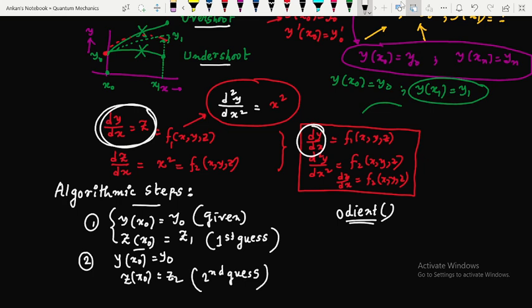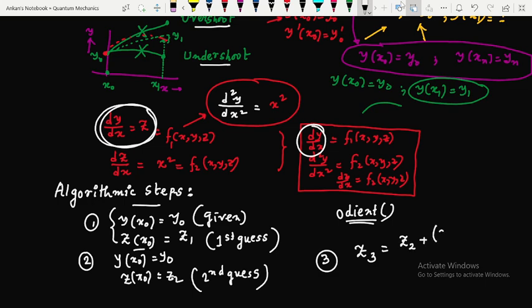Okay, and the third guess will be obtained by the interpolation formula, which is also a numerical procedure to get the solution of an algebraic equation.